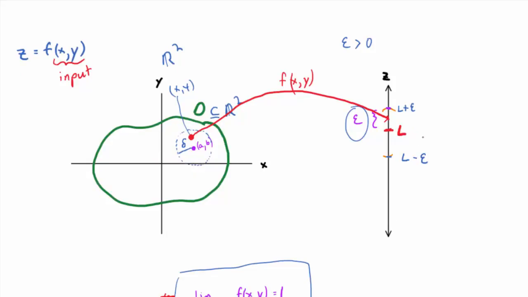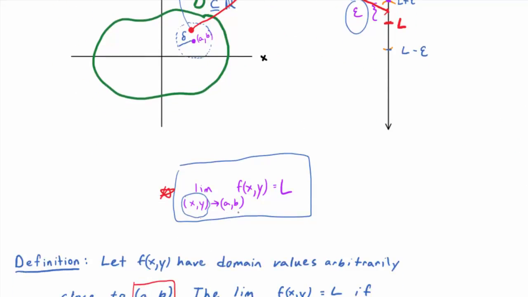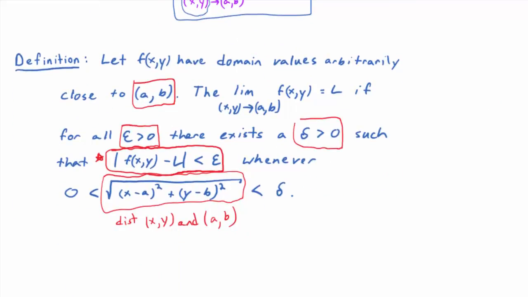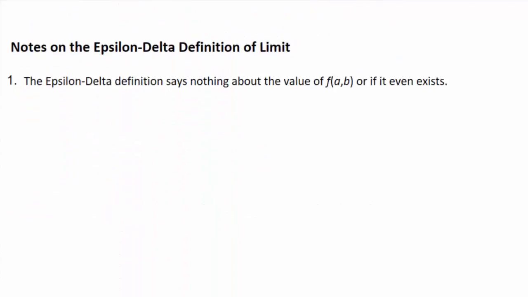It does turn out to be true when the function's continuous, but it doesn't have to. Remember what the notation says. xy is approaching AB, but when we're talking about a limit, we never think of it as actually getting there, at least intuitively. It's approaching AB, but xy is never actually getting there.